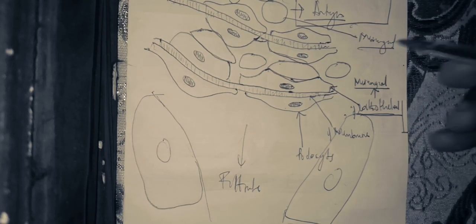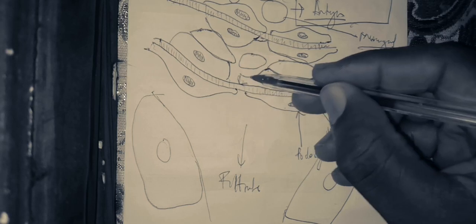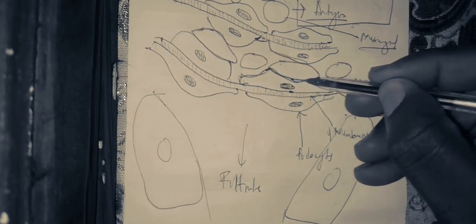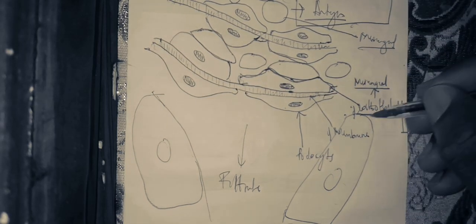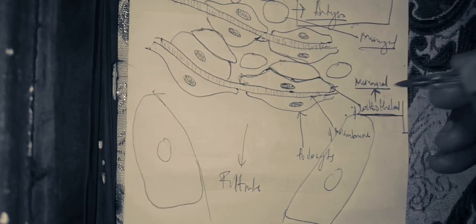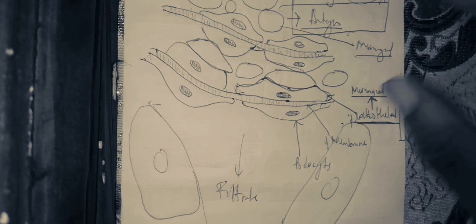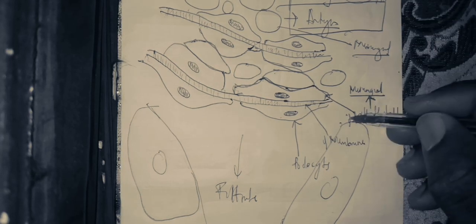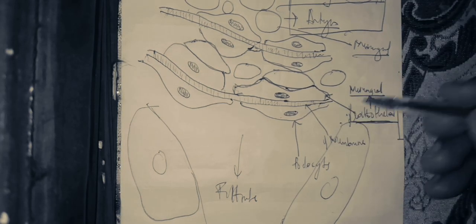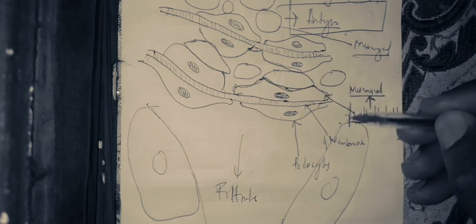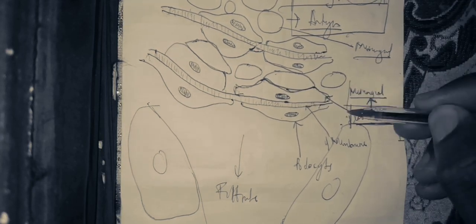Is it clear? And also the endothelial cells fill the spaces inward in the capillary. So that's why endothelial cells and the mesangial cells are approximately considered the same. Is it clear?